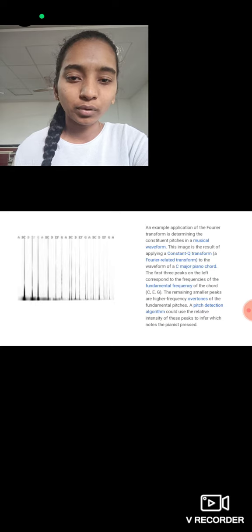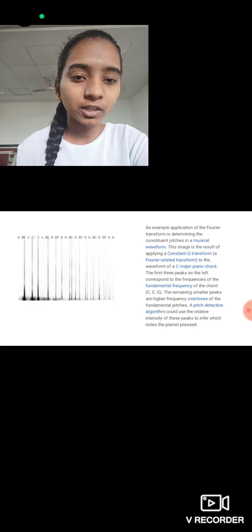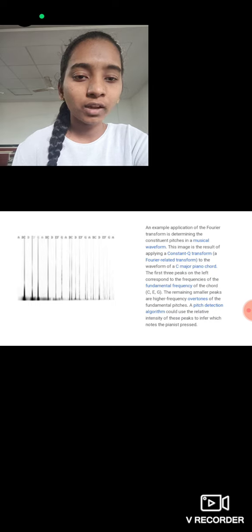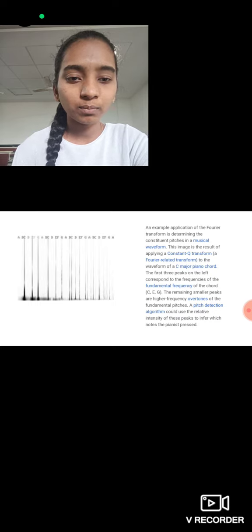Here is an example of Fourier transform. An example application of Fourier transform is determining the constituent pitches in a musical waveform. This image is the result of applying a constant Q transform to the waveform of a C major piano chord.